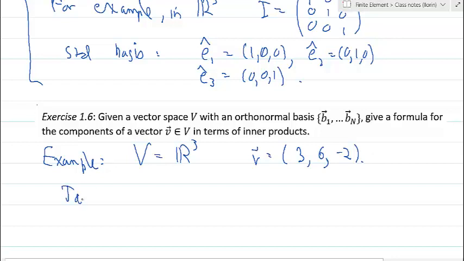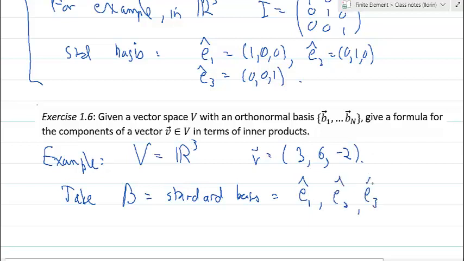And that's equal to e1, e2, e3, which I've just defined above. Now I want the components of v in terms of this basis. So I can write v as equal to, well, if you notice what e1 is, (1, 0, 0).